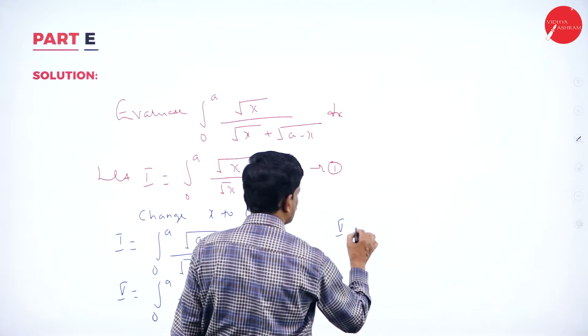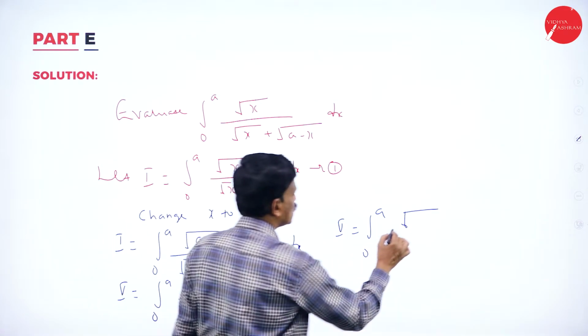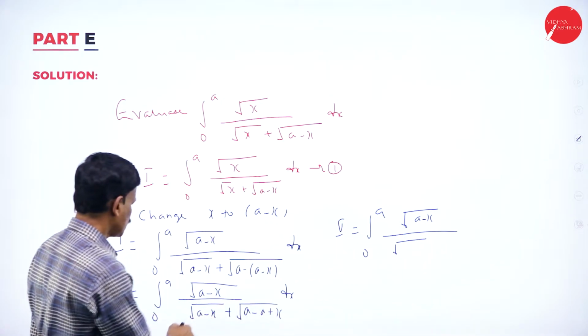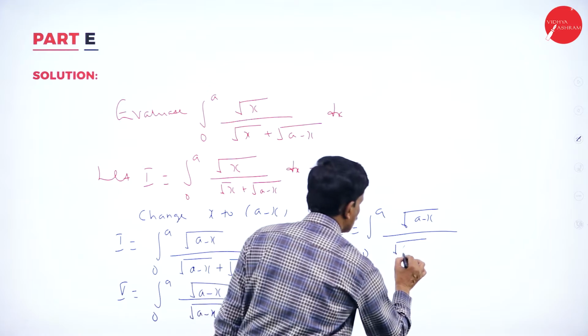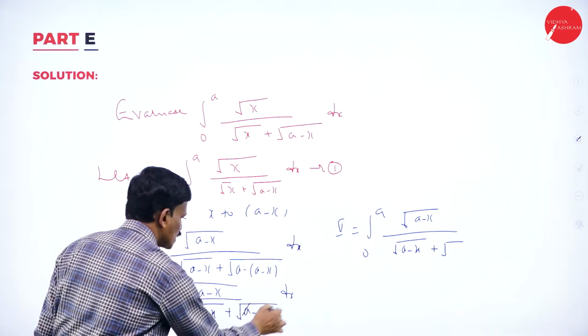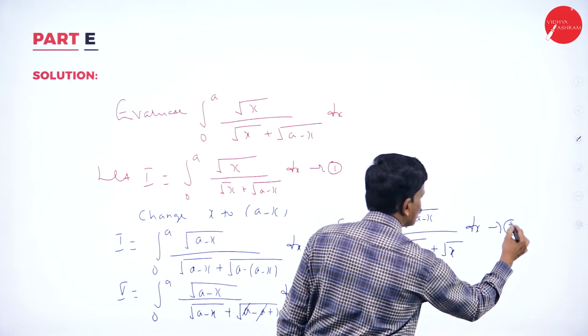So, I is equal to integral 0 to a, numerator is the same, root of a minus x divided by root of a minus x plus root of, here minus a plus a gets cancelled, you will get x dx. Let us represent this as equation number 2.